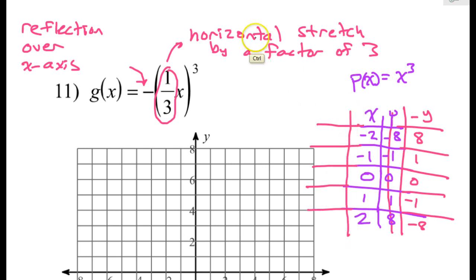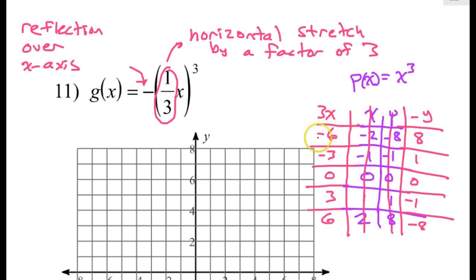Since I am stretching by a factor of 3, I'm going to multiply all of the x values by 3. So that's going to give me -6 and -3 and 0 and 3 and 6. So now I have a new x column, so I can throw out the old x column.